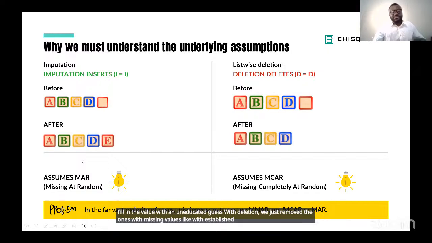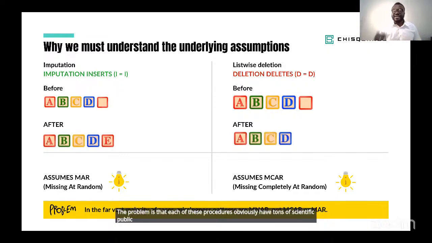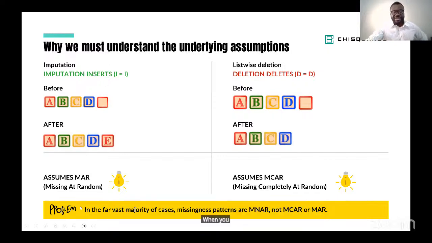Now, why is it bad from a scientific perspective? What is the problem scientifically? Well, each of these procedures has tons of scientific publications about them, but they each rest on certain assumptions. When you use imputation, the assumption is that the data are missing at random.